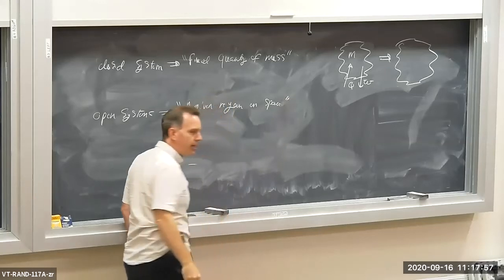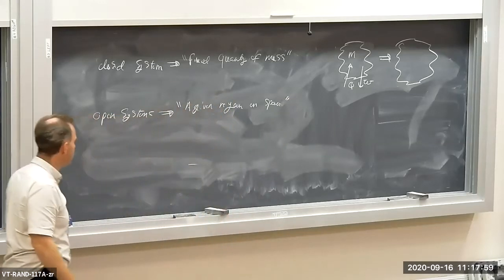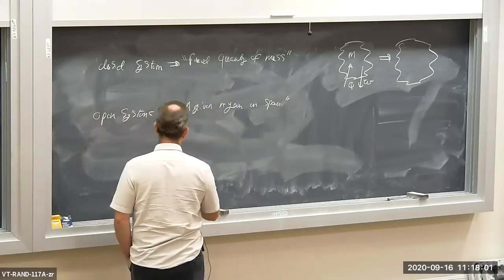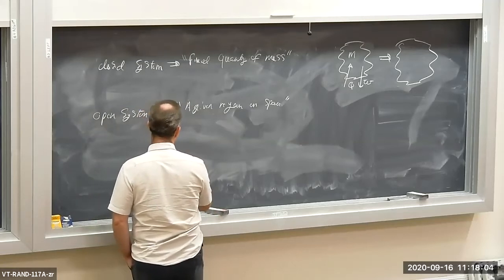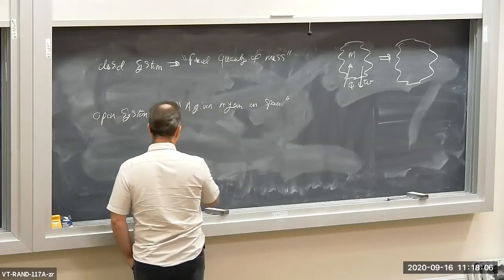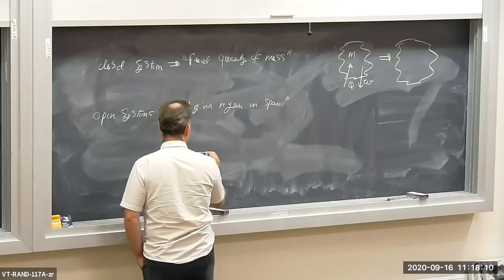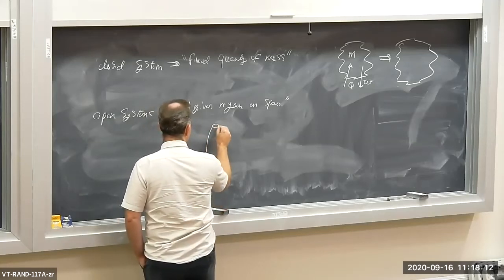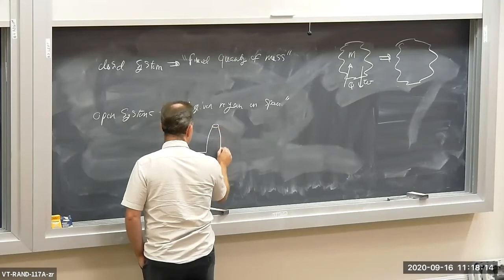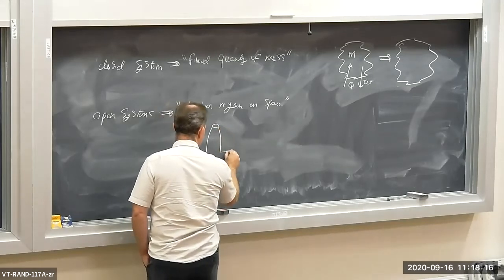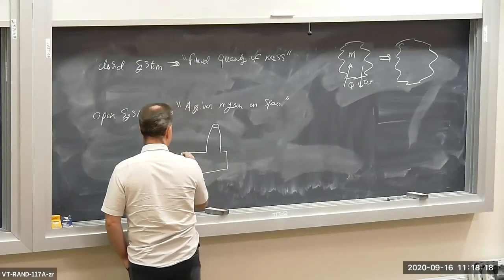So the idea here is we need not have a fixed quantity of mass. For example, let's say we have, I don't know, a power plant. So here's our power plant, and here's our smokestack.